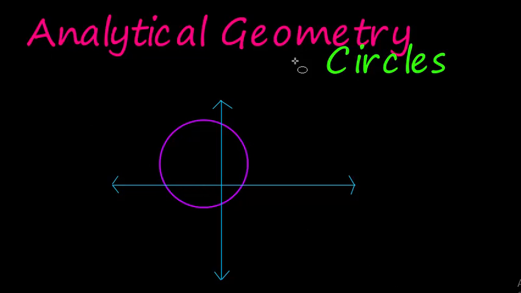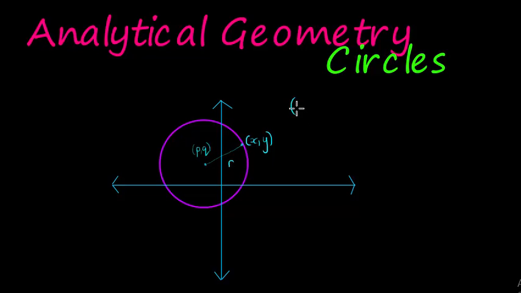We're looking at circles in analytical geometry, and in the previous video we saw the general formula for a circle with center (p, q) and a radius of r. The distance between any point (x, y) and the point (p, q) is equal to r.